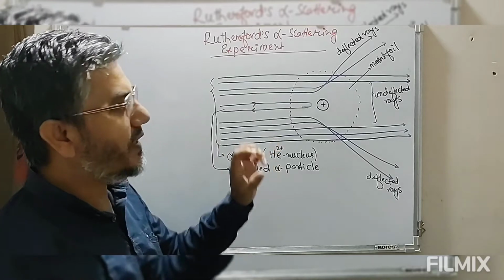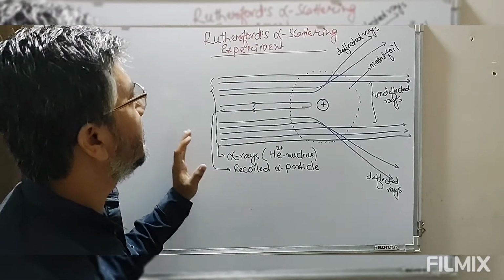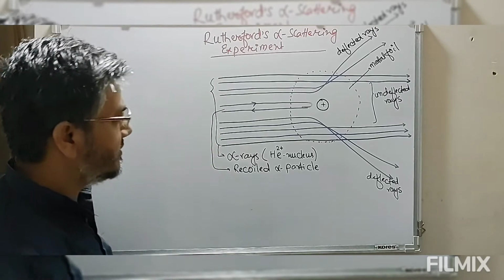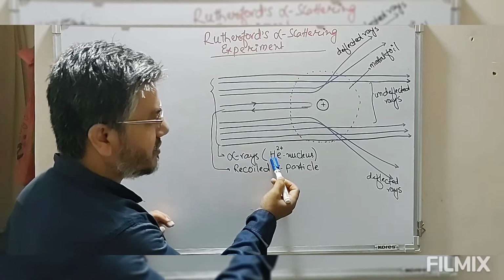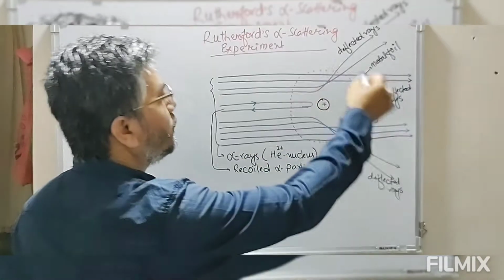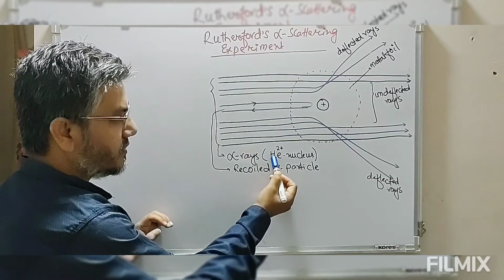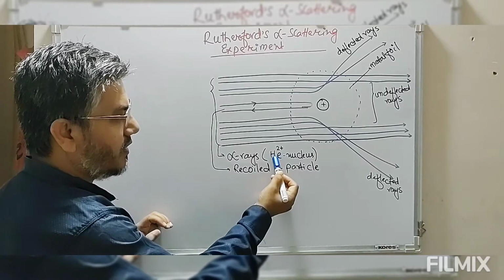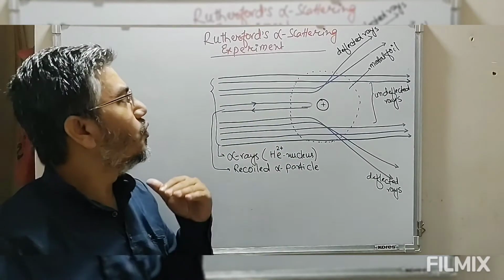Now this thin metal foil is made to be struck by alpha particles, and the alpha particles are nothing but positively charged helium nuclei. That means this metal foil is being struck by positively charged alpha particles.